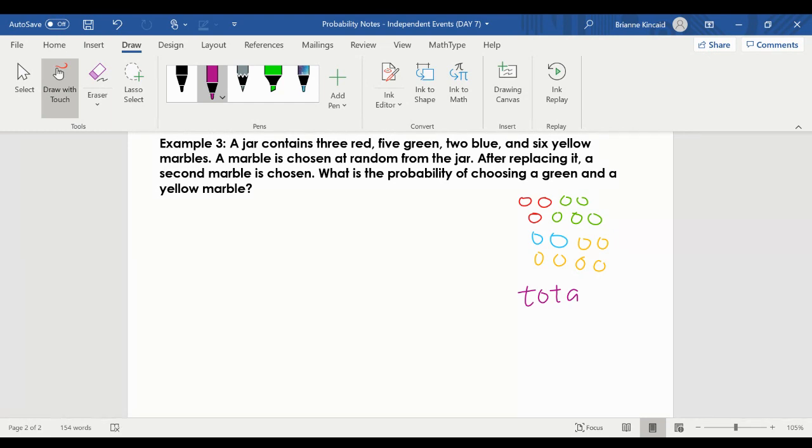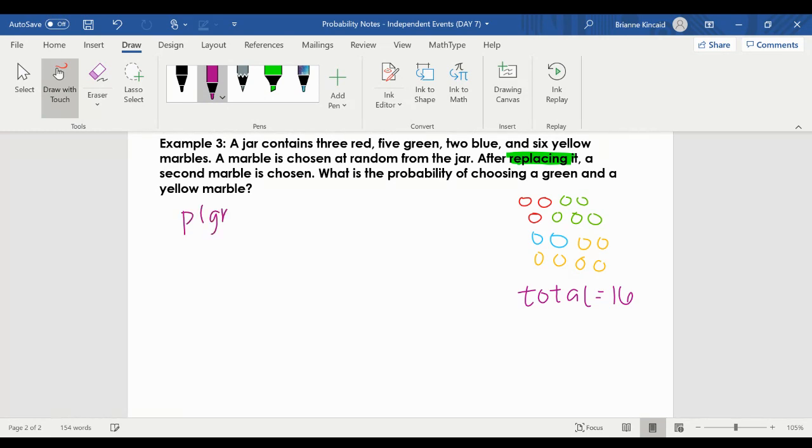Altogether, we have a total of 16. A marble is chosen at random from the jar. After replacing it, so because it's replacement, we know that this is going to be independent. A second marble is chosen. Find the probability of choosing a green and a yellow marble.